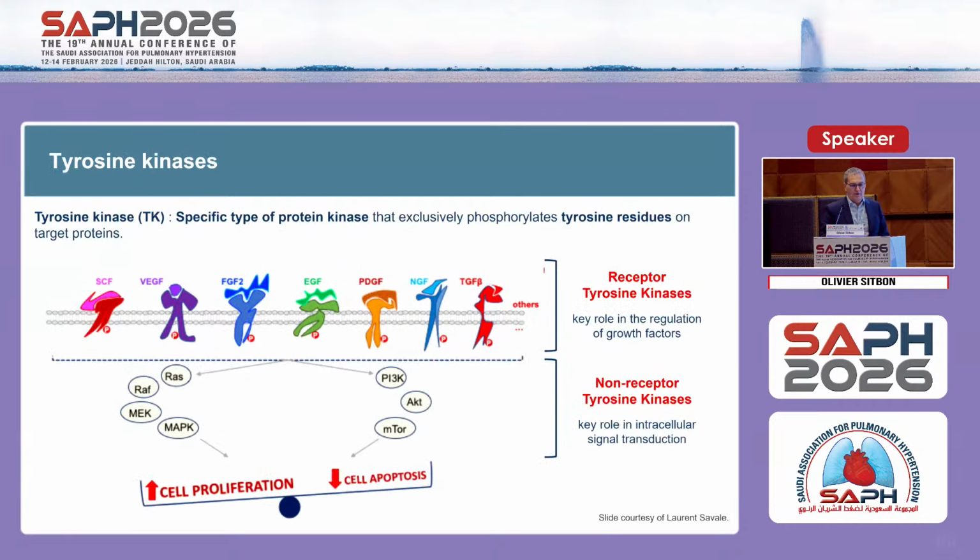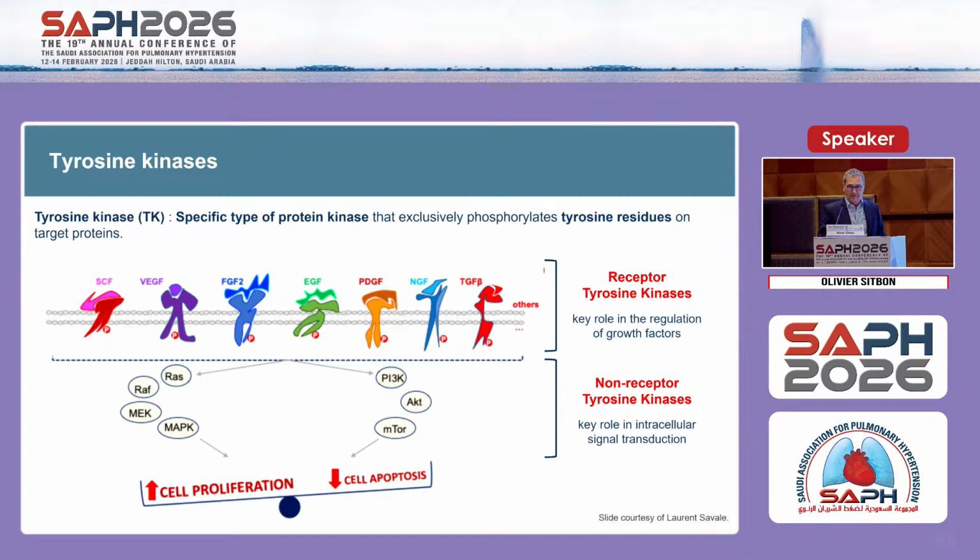Just to remind you what tyrosine kinases are. Tyrosine kinase is a specific type of protein kinase that exclusively phosphorylates tyrosine residues on target proteins. And we can distinguish between receptor tyrosine kinases that play a key role in the regulation of growth factors, not only PDGF, of course, but some others, and non-receptor tyrosine kinases that play a key role in intracellular signal transduction.